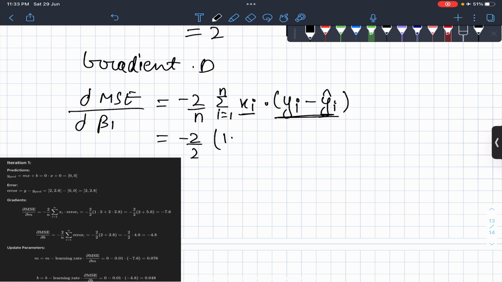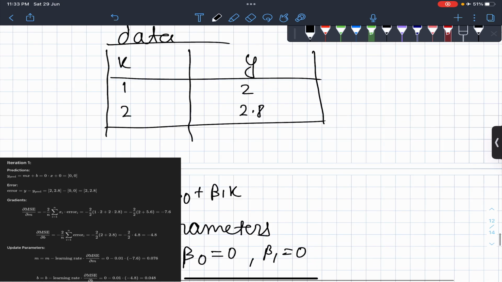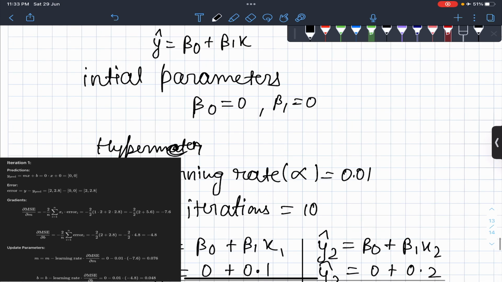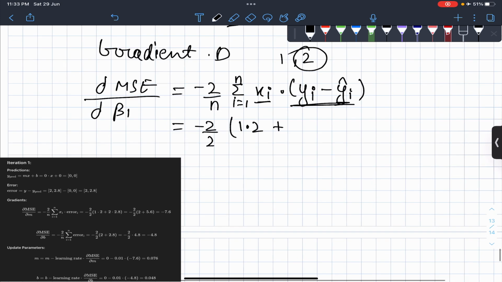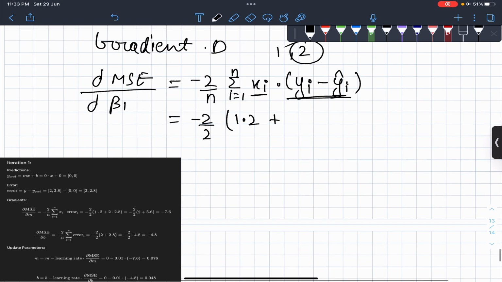So 1 into 2, plus, now the second iteration. It first went for the 1, now it will go for the 2 for the second data point. The error here is 2.8, and x here is 2, so 2 into 2.8.